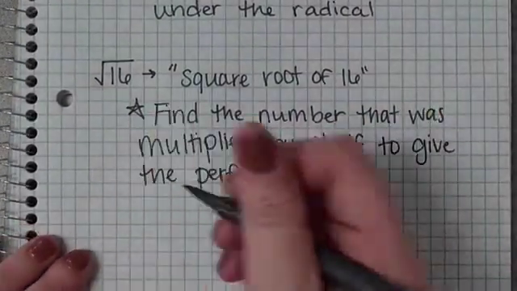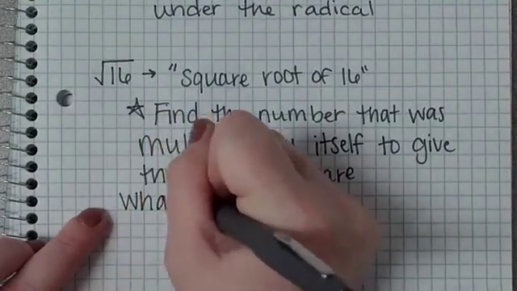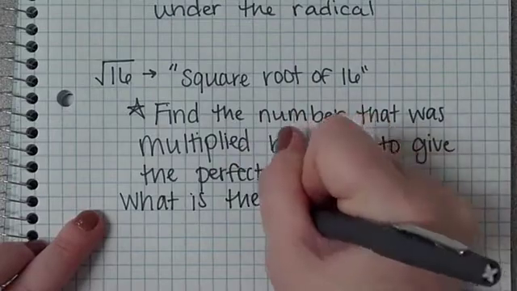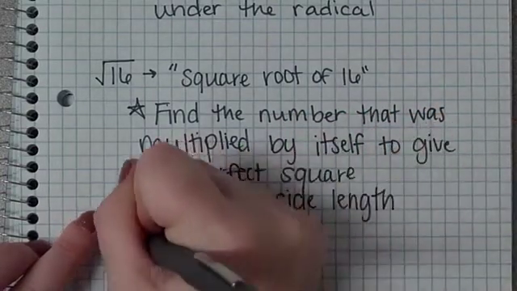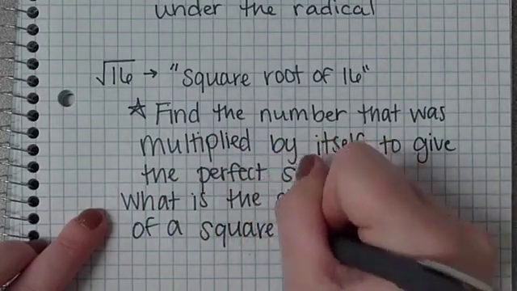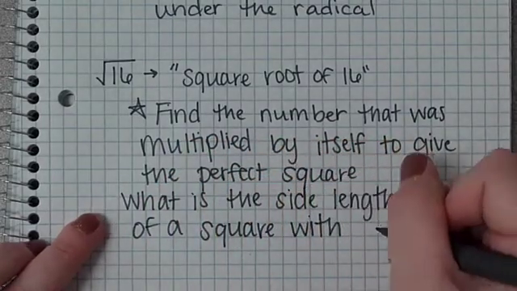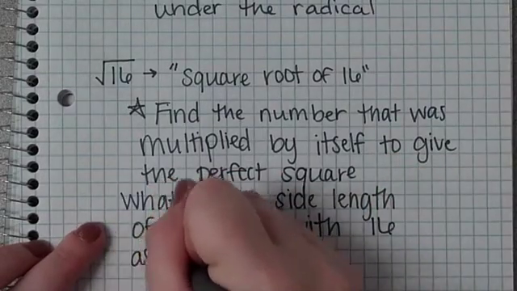Or if you're thinking about area, it's what is the side length of a square with 16 as the area.